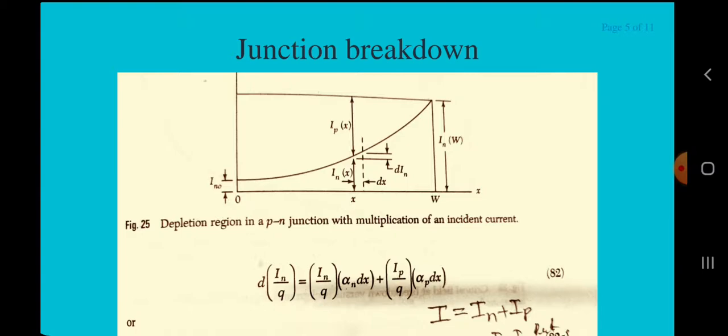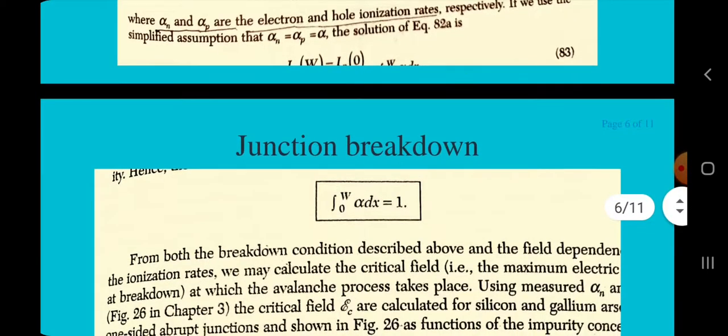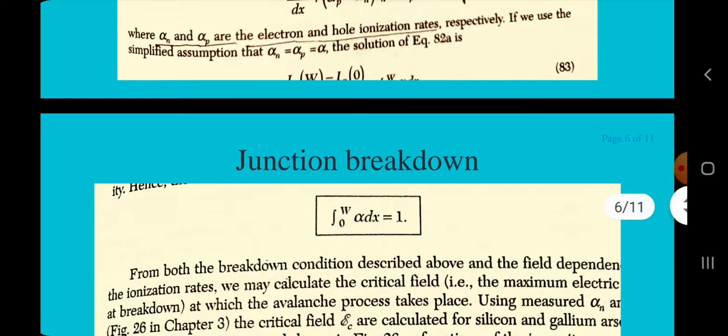If we use the simplified assumption that αn = αp = α, then the solution can be written as (In(W) − In0)/I, which is the integral of α dx, equal to 1. So we have the integral of α dx = 1, as shown here.